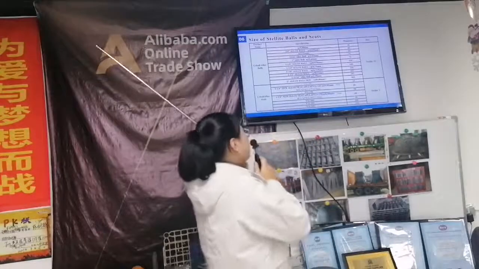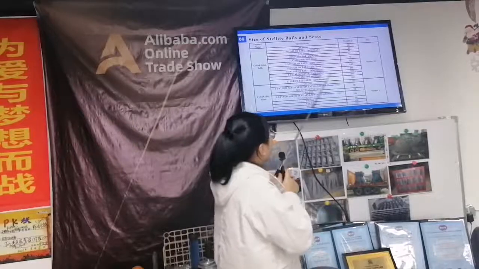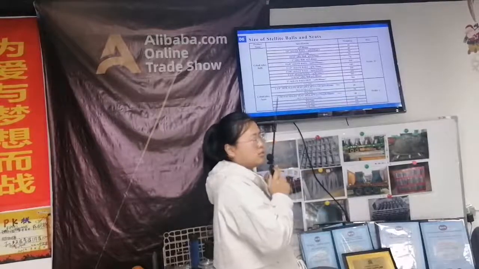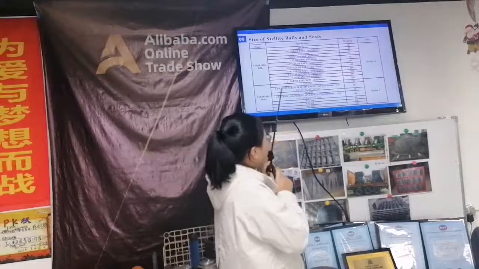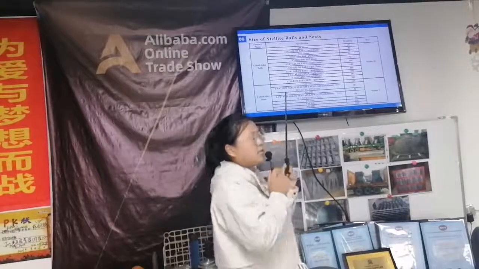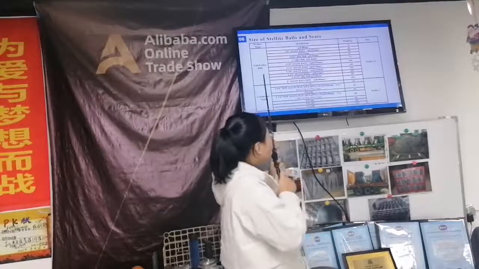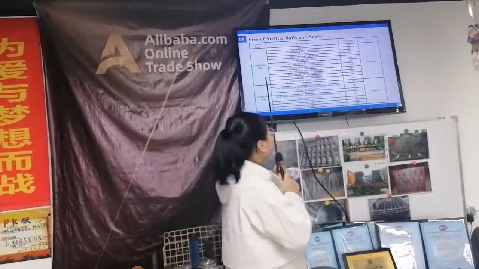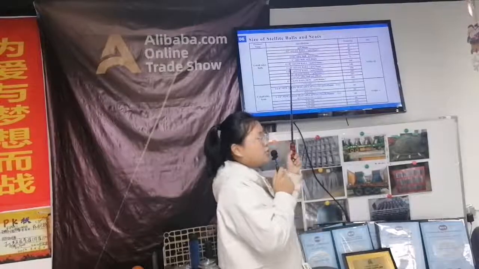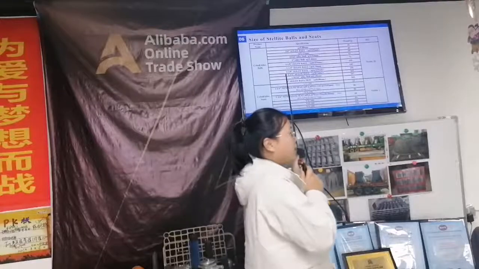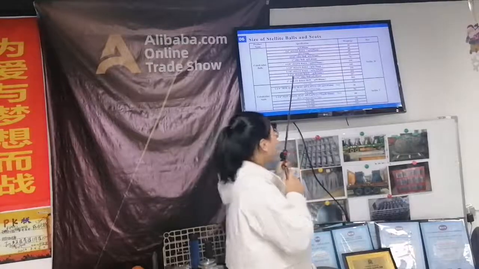Next, size of stellite balls and seats. This table is the size and the material for stellite balls and seats. First one is cobalt alloy balls. You can see the specification. We have many different sizes for stellite balls.